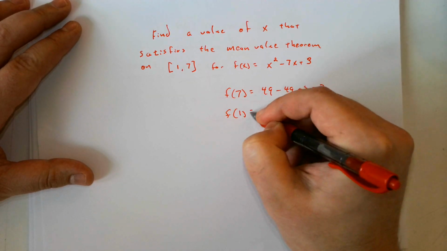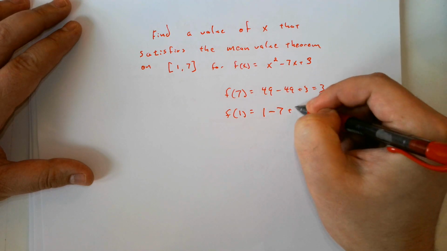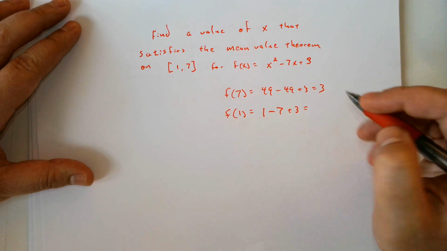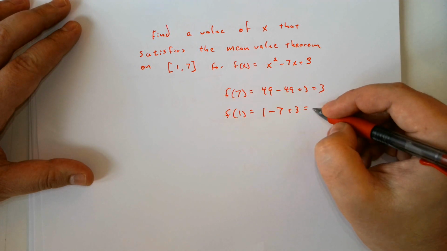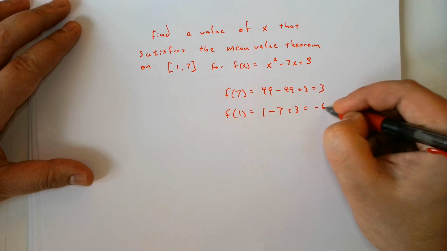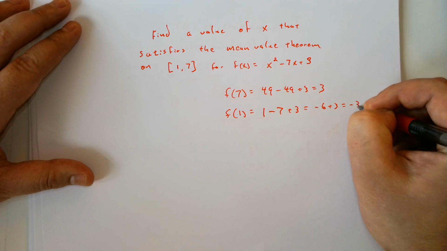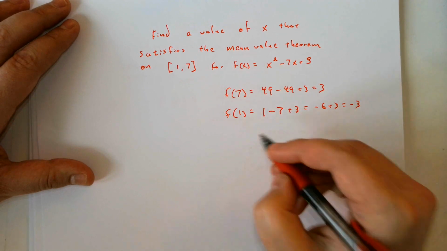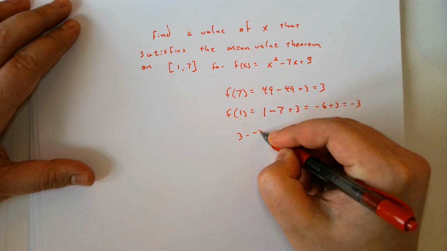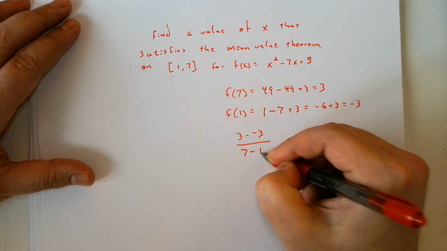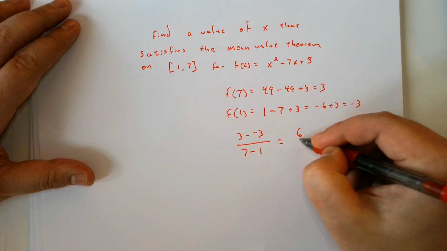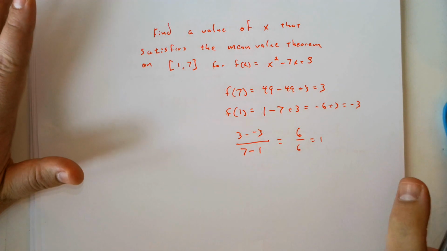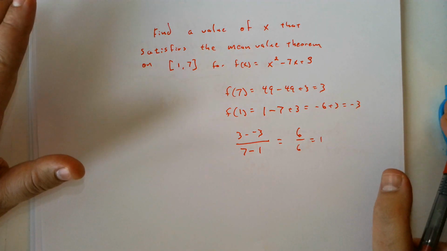F of 1 equals 1 minus 7 plus 3 equals negative 6 plus 3 equals negative 3. So I want to find the average rate of change. I'm going to do 3 minus negative 3 over 7 minus 1 equals 6 over 6 equals 1. Oh my gosh, I can't believe there's a nice answer to this problem. Or so far.